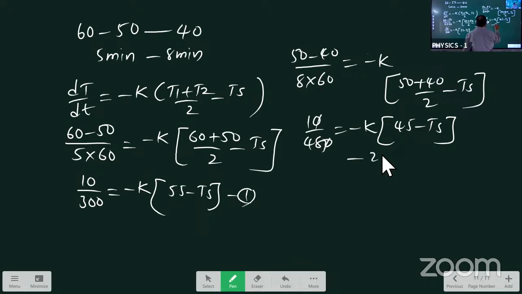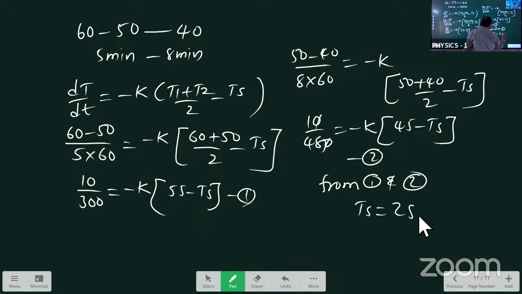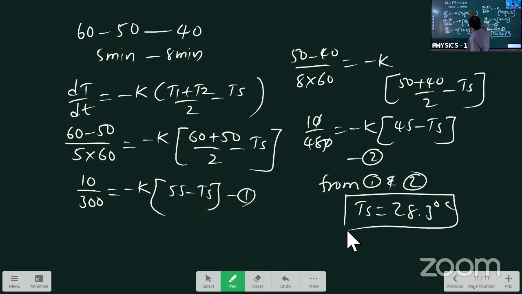Students, directly from 1 and 2, Ts equals 28.3 degrees Celsius. Write directly like this, because in the examination they are watching only 2 steps. This explanation, if you remember, do the shortcut; if you remember the enlarged method, they are not watching. First the formula, then the surrounding temperature, 28.3 degrees Celsius.